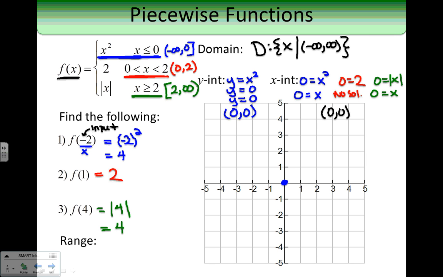From 0 to -1, that's less than. If I plug -1 into x squared, -1 squared is 1, so that point would be (-1, 1). Keep going, -2. If I plug -2 into x squared, I get 4, so (-2, 4).